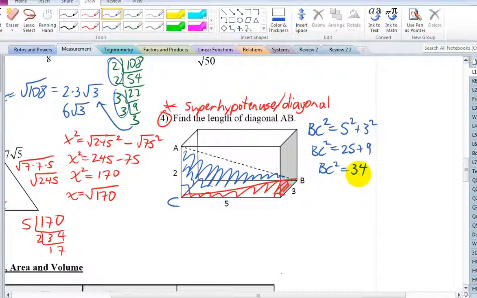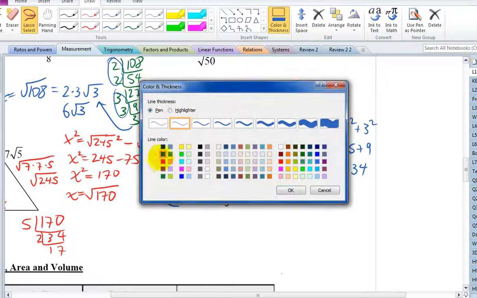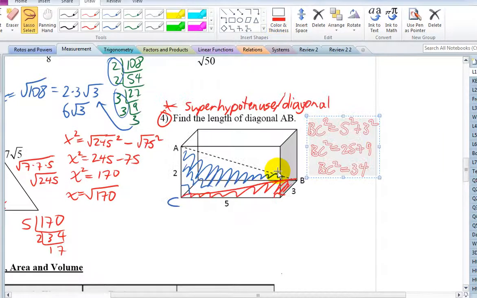Anyone know why I just leave it as BC squared? It's a little less work, right? Because the next question you're going to need BC squared. Okay. So now what I want you to do is find AB. I should change that color. This should be red. There you go.